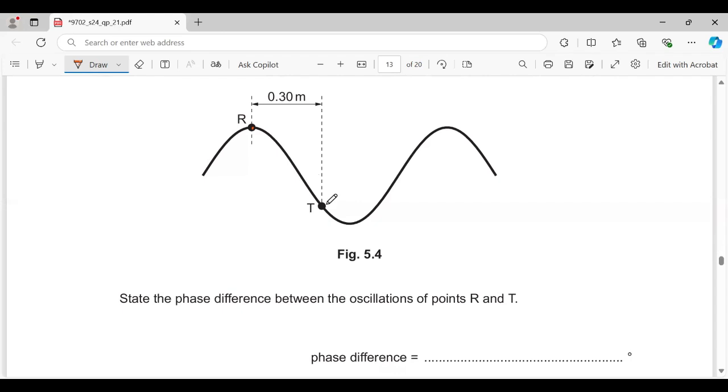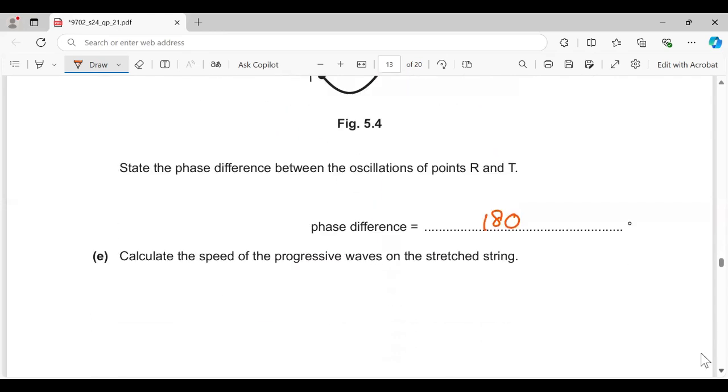If in a straight line, the phase difference is 180 degrees because their positions are on a straight line.